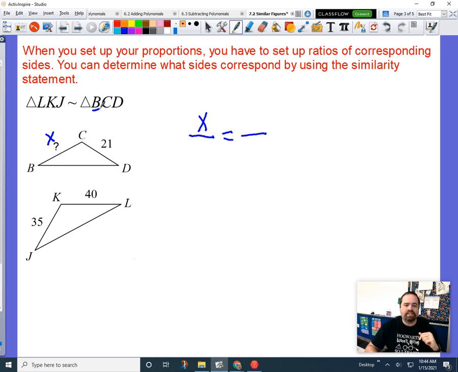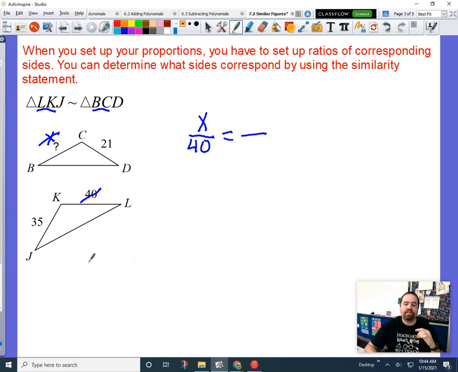So BC corresponds with LK. So I know that I can set up X and 40 in a ratio. They correspond, so they're going to get set up in a ratio. So I've used X, I've used the 40. Now, the 21 and 35 are going to be the other two pieces of the other ratio.